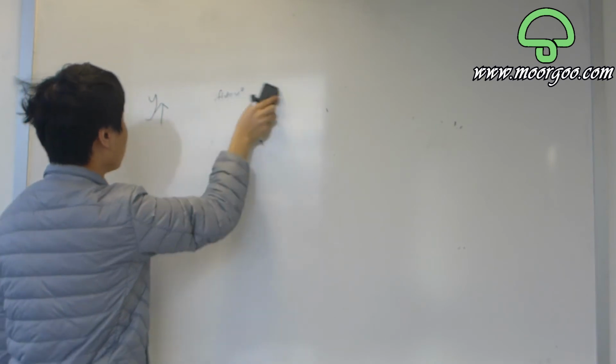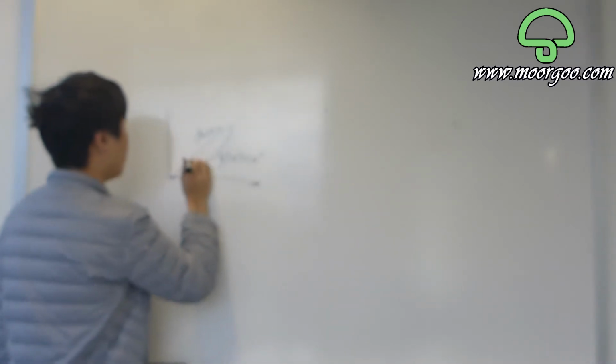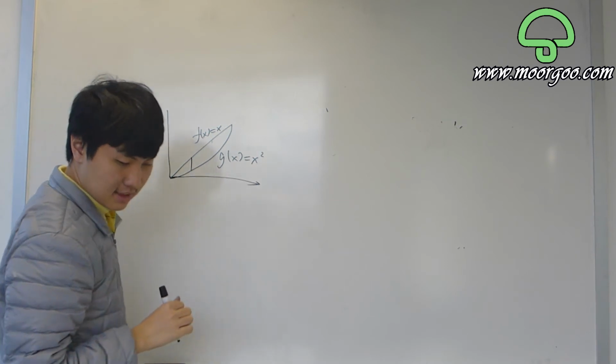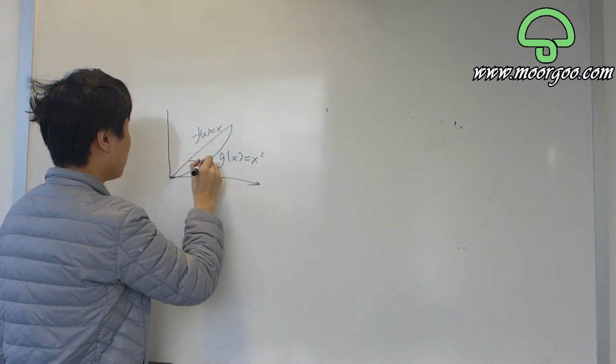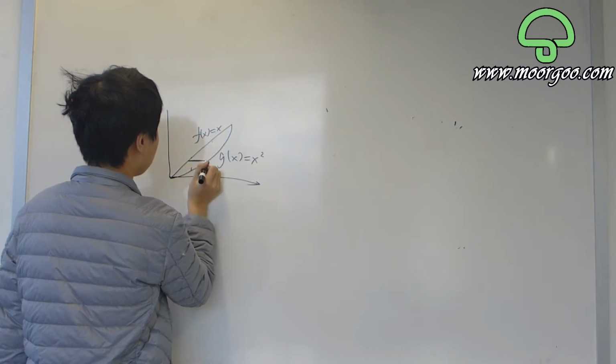Let's do an example from last year's midterm 1. Here, all of the cross sections that are perpendicular to the y-axis are semicircles.